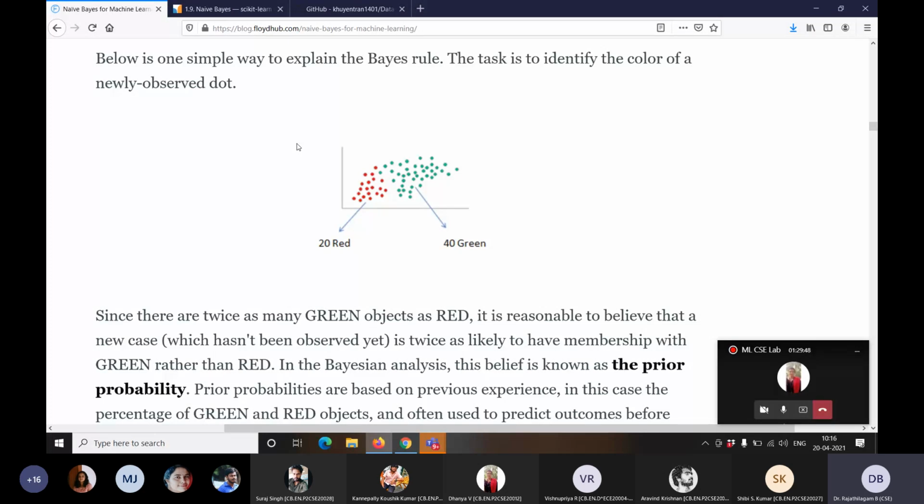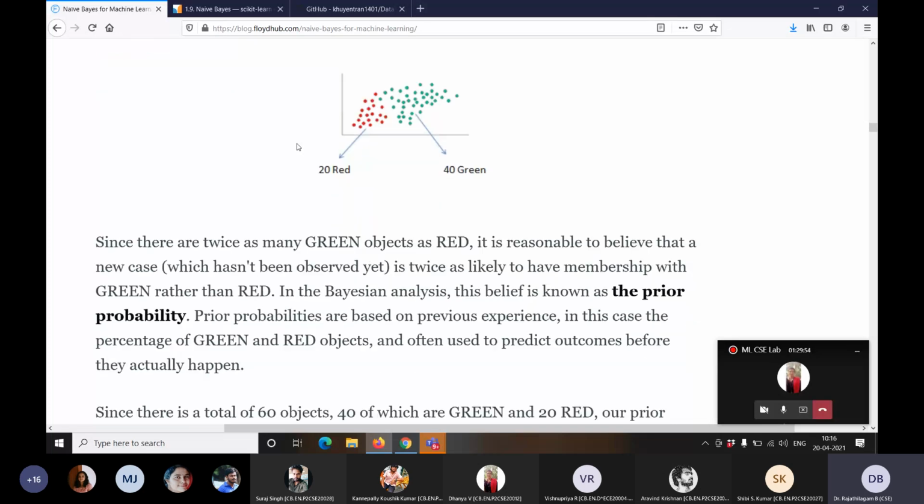In this case, the percentage of green and red is used to predict the outcomes before they actually happen. That is your prior probability. The number of people who asked for milk and bread and who did not, that is how you quantify your experience. Is this clear?